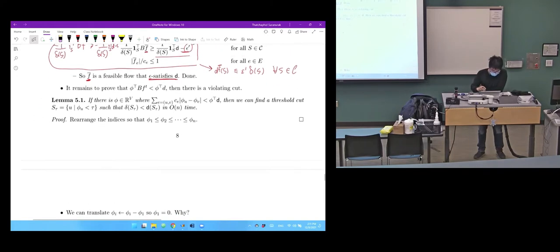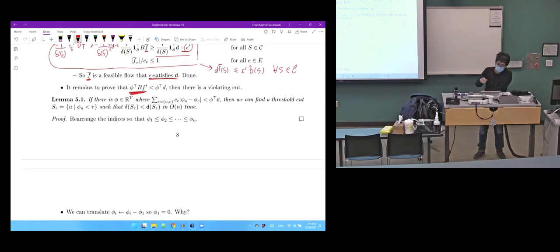And now, to complete everything, I need to show you that if this thing, the f_t here, after maximizing this, if it is less than phi times d, then you can get the violating cut.